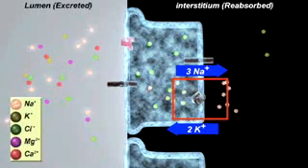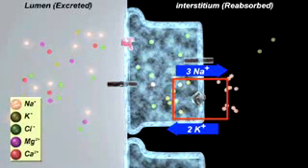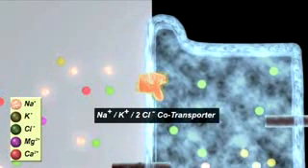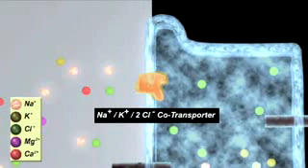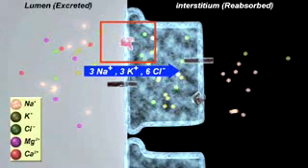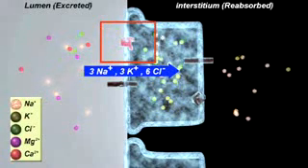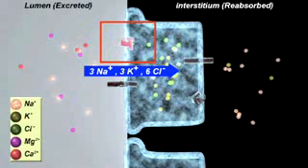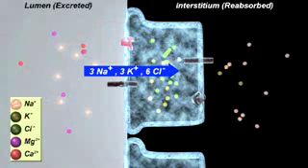This causes a deficit of the sodium within the cell. This deficit is made up by the sodium-potassium-chloride transporter on the luminal membrane of the cell. This transporter moves 1 sodium, 1 potassium, and 2 chloride ions from the lumen into the wall of the nephron.